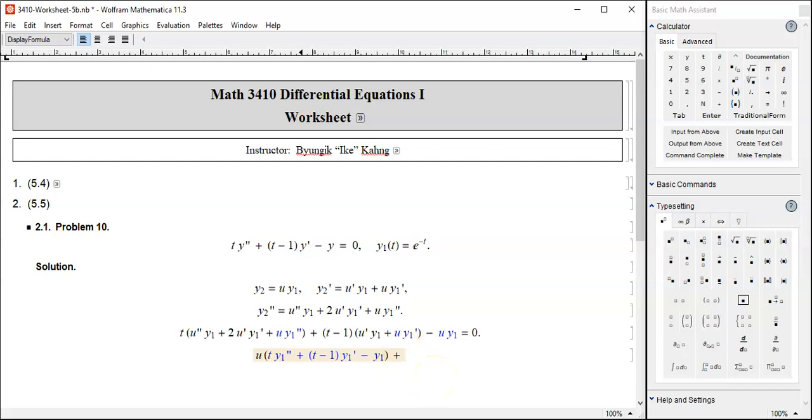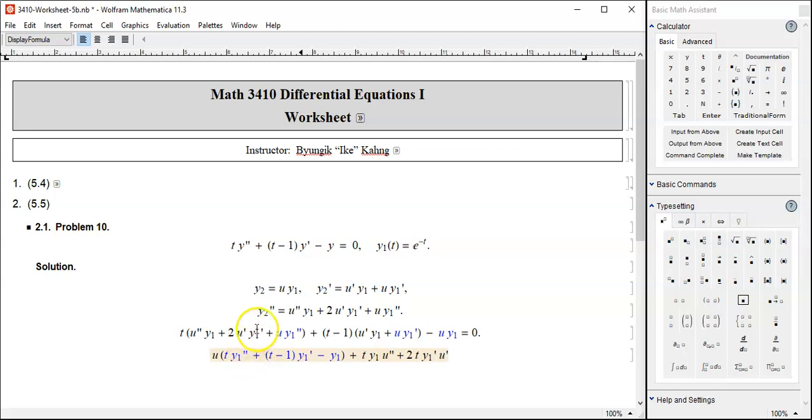Now how about the other parts? Well, that's something we have to work on. Let's see. t y1 u double prime, that'll be this term, and then this one, plus 2t y1 prime u prime.